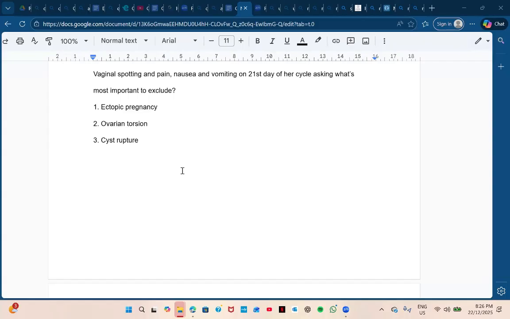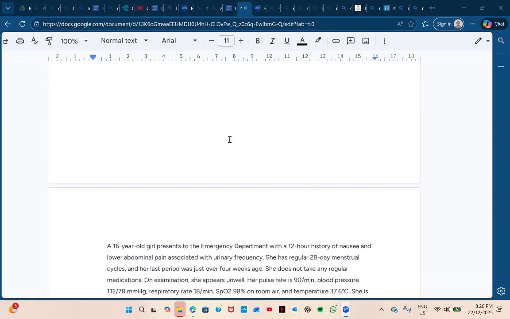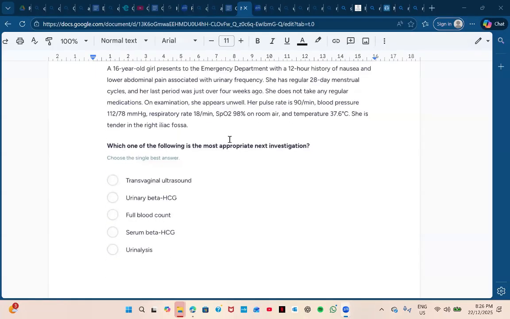Yeah, free fluid maybe because we have discussed. No, we haven't discussed the torsion. We have discussed the ovarian cyst rupture. Okay, so yeah, here there's no vaginal spotting. The patient is vomiting on the 21st day of her cycle. Okay, so let's do this question, then we will come back.